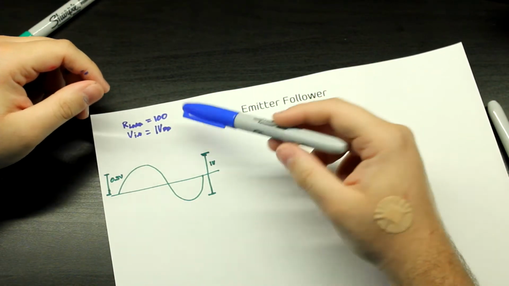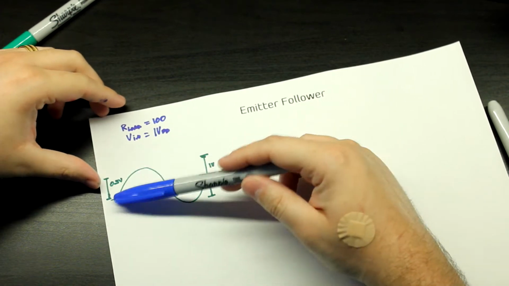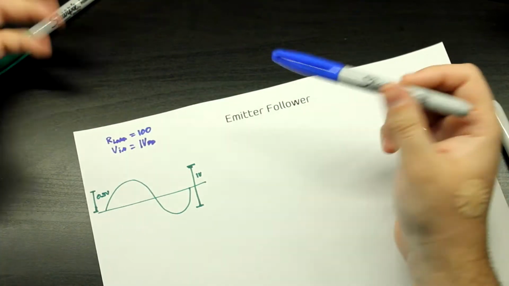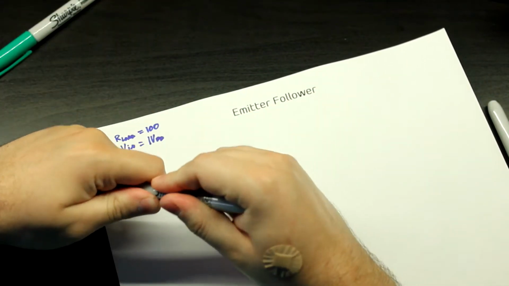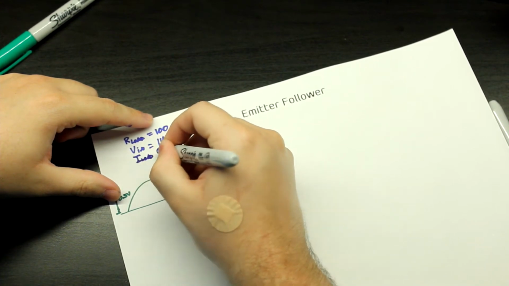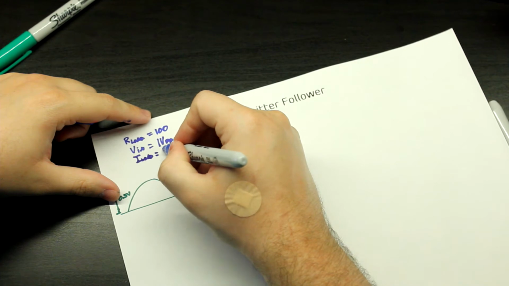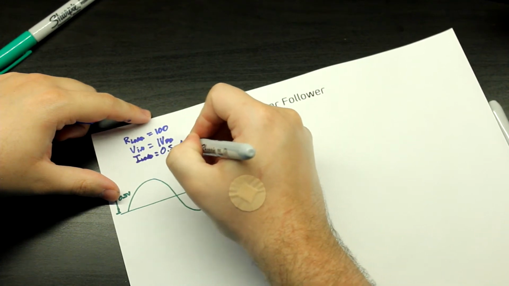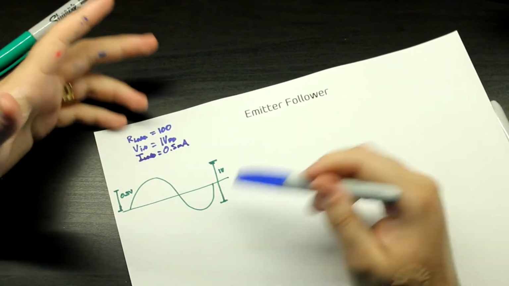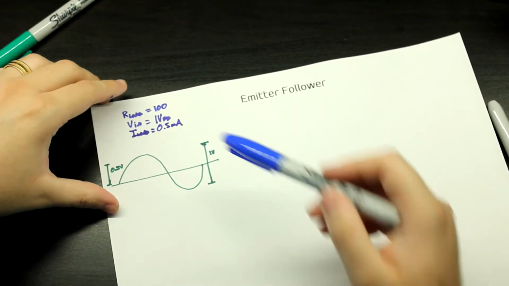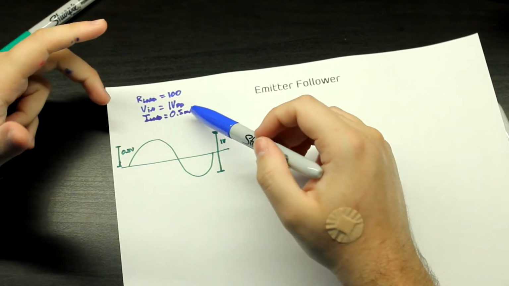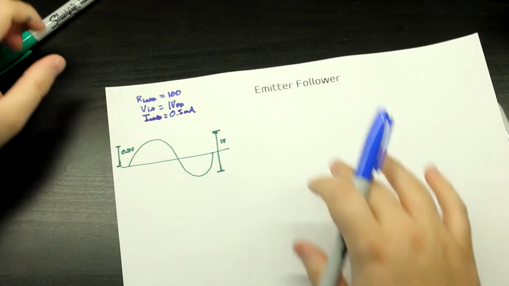You just get the peak voltage divided by your load, and you get the load current. So in this case, I load is going to be 0.5 milliamps. Very simple. Again, I've chosen this just as a way to make the calculations a lot easier.